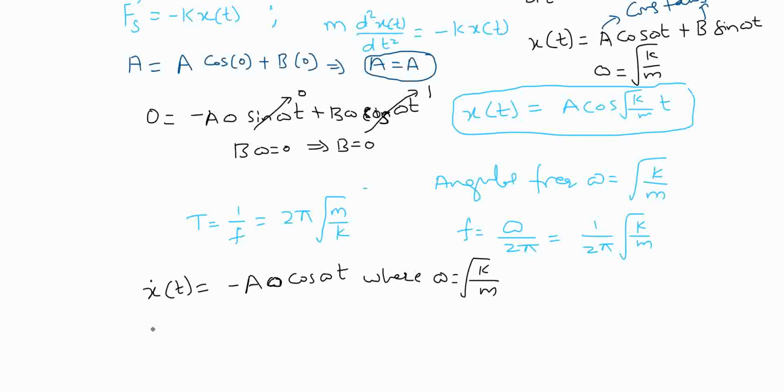Acceleration will be x double dot. Now when we do double differentiation, we get minus A omega square cos omega t. So this is the expression for acceleration.